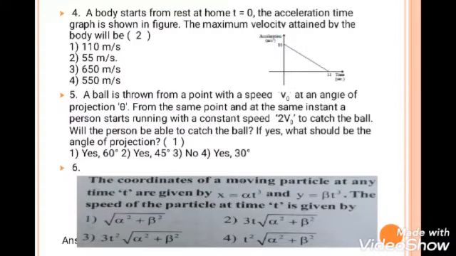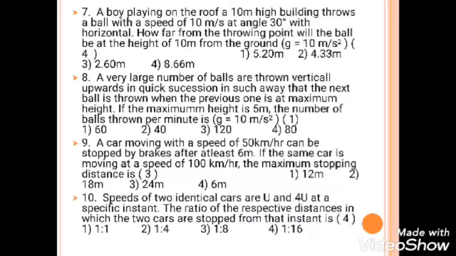For the boy to catch the ball, the boy has to cover the distance equal to the range of the projected particle. That means after the total flight time, the boy should reach the range point.